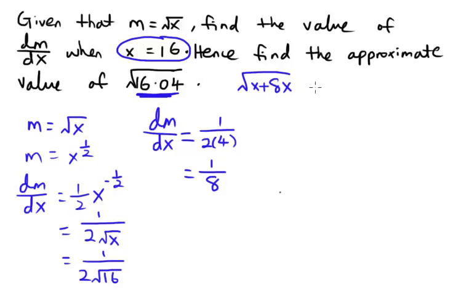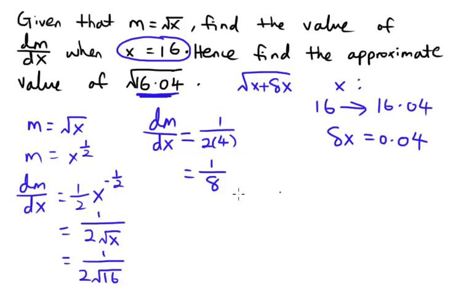So we could say x changes from 16 to 16.04, where x is 16 and delta x is 0.04.